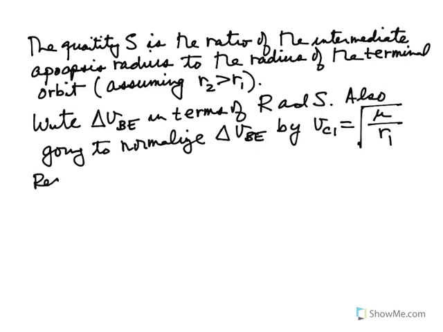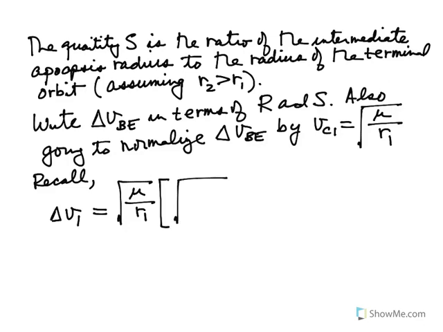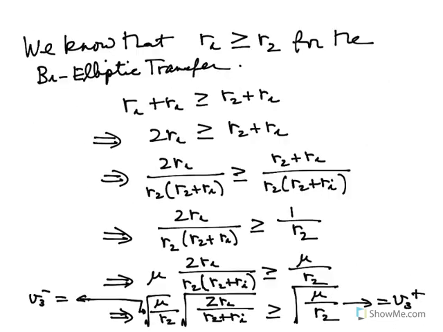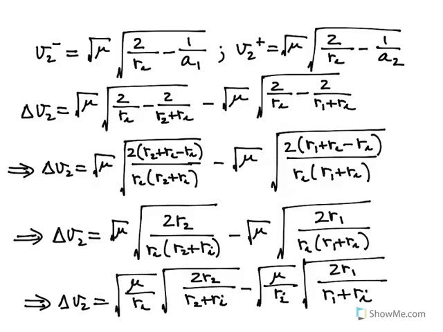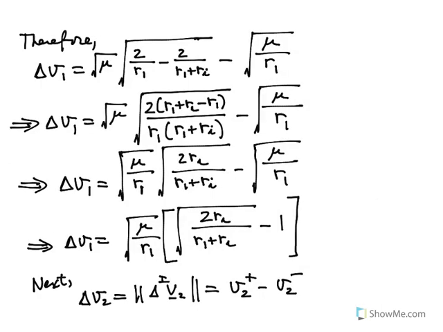Recall from earlier that delta V1 is equal to the square root of mu over R1 times the square root of 2Ri all divided by R1 plus Ri, minus 1. That was obtained back at the beginning when we did delta V1.